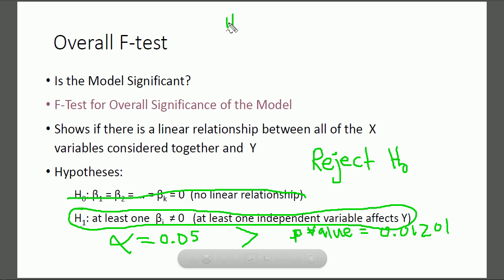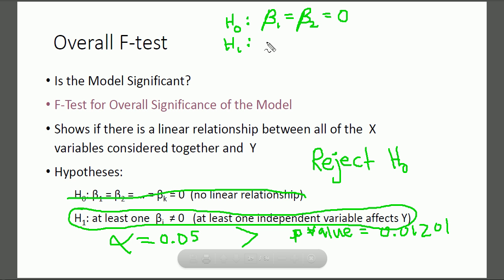So let me actually make this more specific for our pie sales example. Since we only had two predictors, we only had two partial slopes. So let me actually write the specific hypothesis test for our example. So we don't have k predictors, we have just two. So that would be the null. The alternative would be the same.